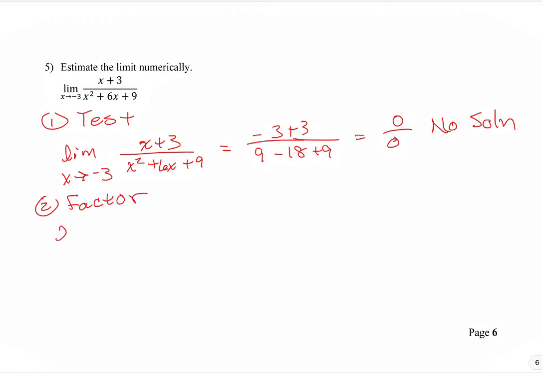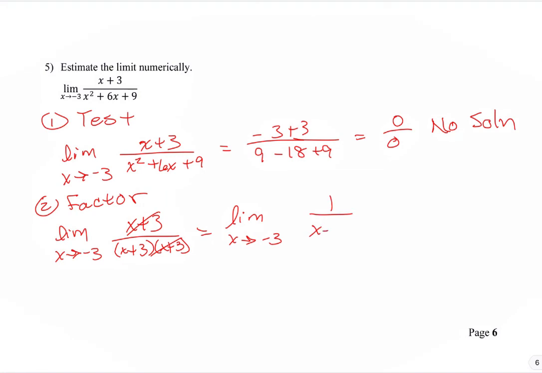So that gives me the limit as x goes to negative 3 of x plus 3 over x plus 3 times x plus 3. I factor. So that gives me the limit as x goes to negative 3 of 1 over x plus 3.